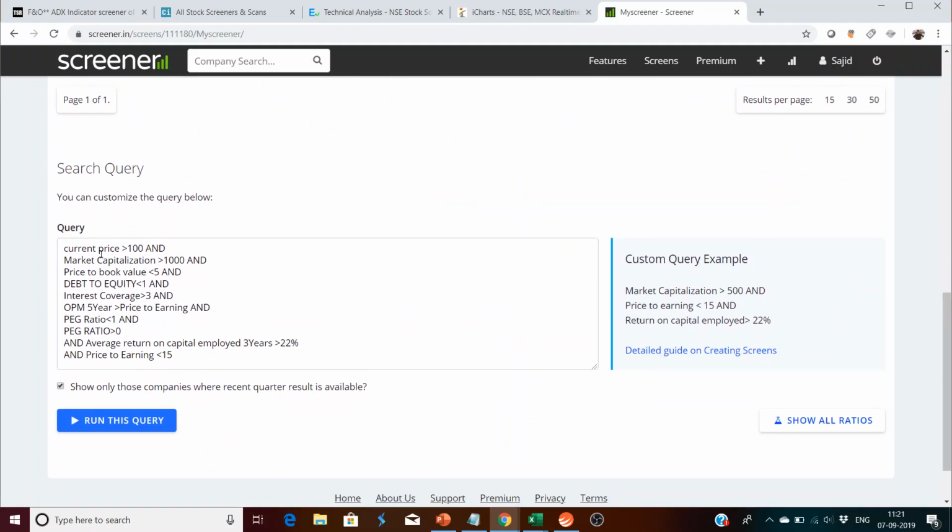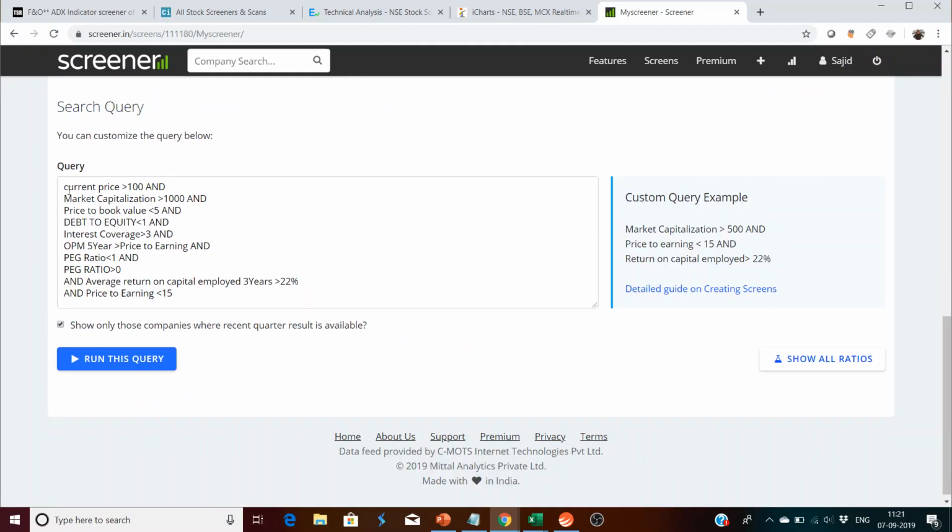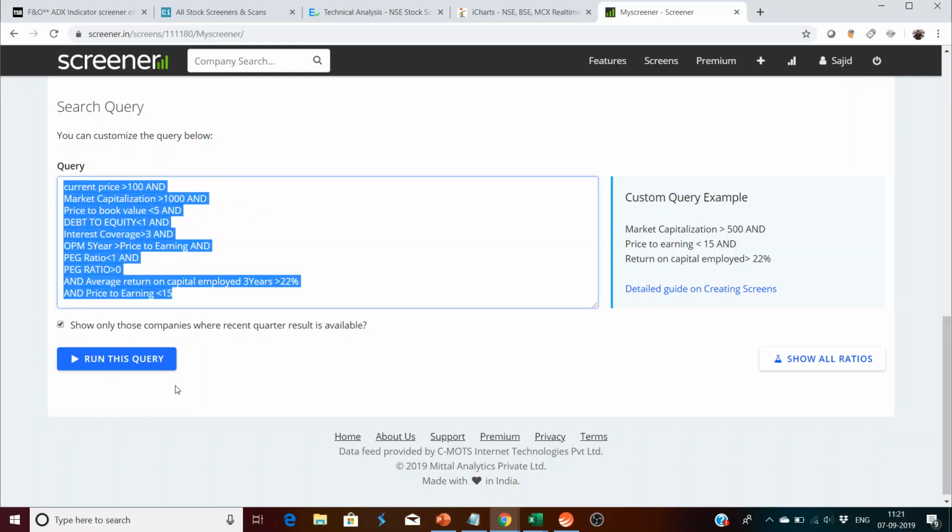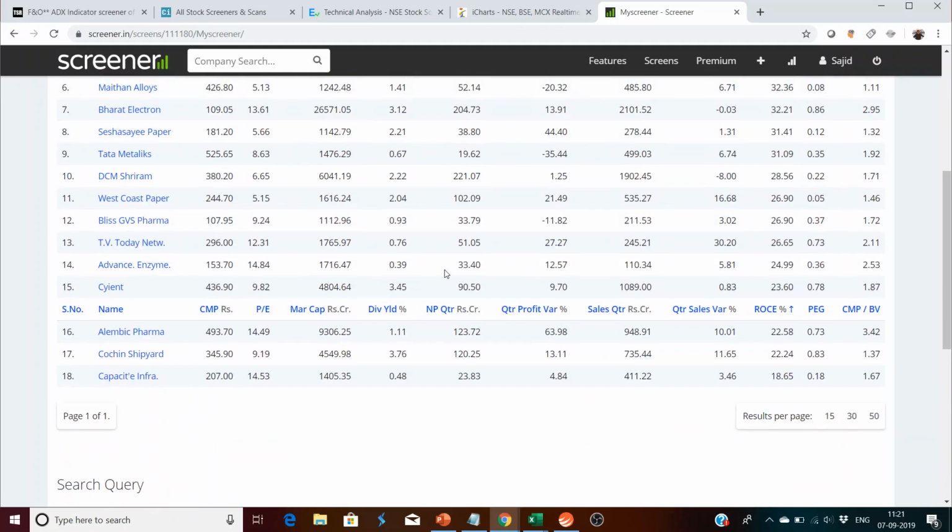So you have to use this formula to write this query, and then run this query to get this result.